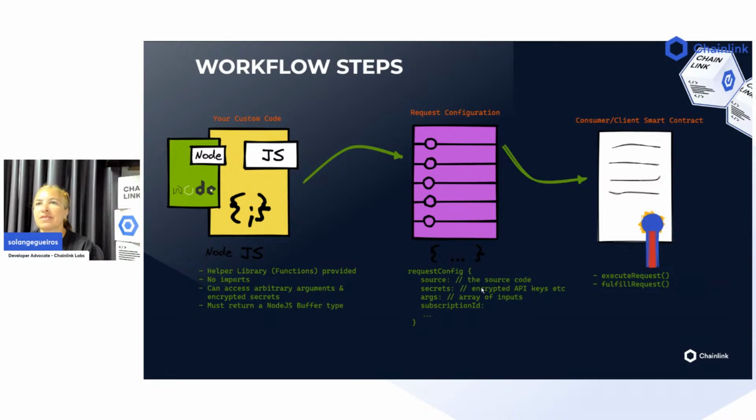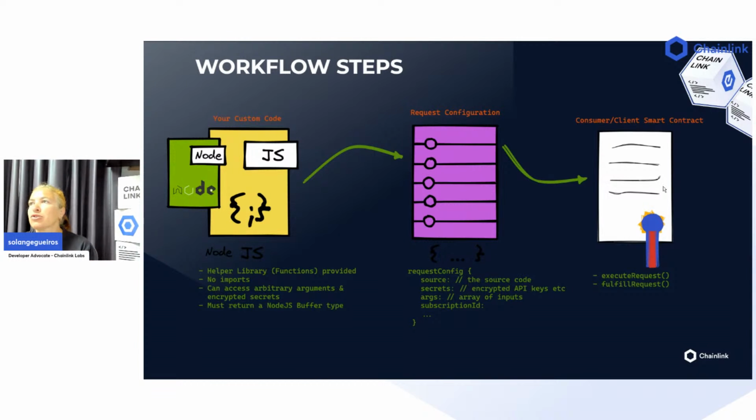Here you can see, for example, that you create a custom code like a Node.js, an API, a helper library, in the way that you'd like to do it, okay? Then with the request configuration, you can use this API. Even if you have arguments, even if you have secrets, passwords, it's possible to use this.